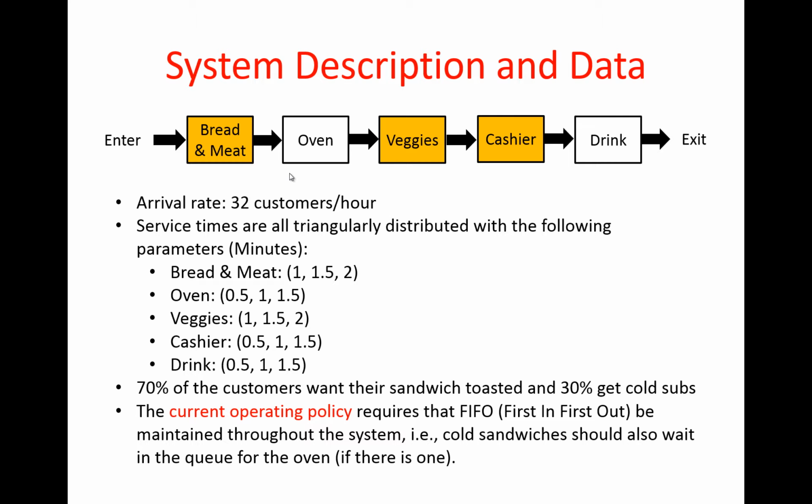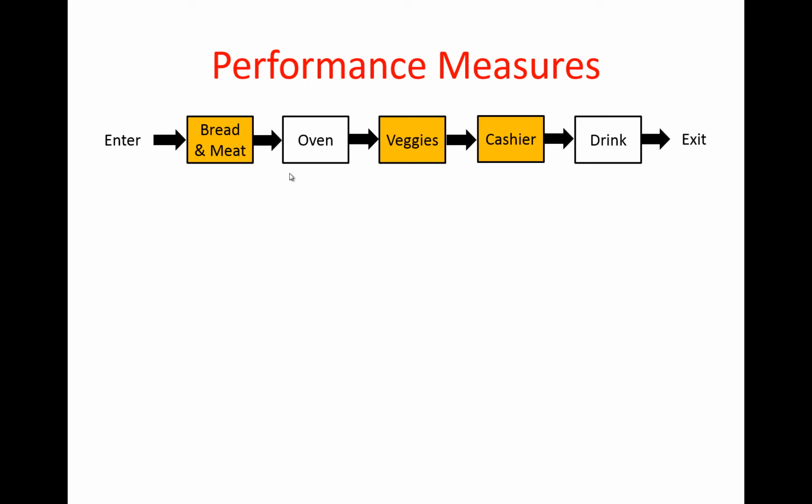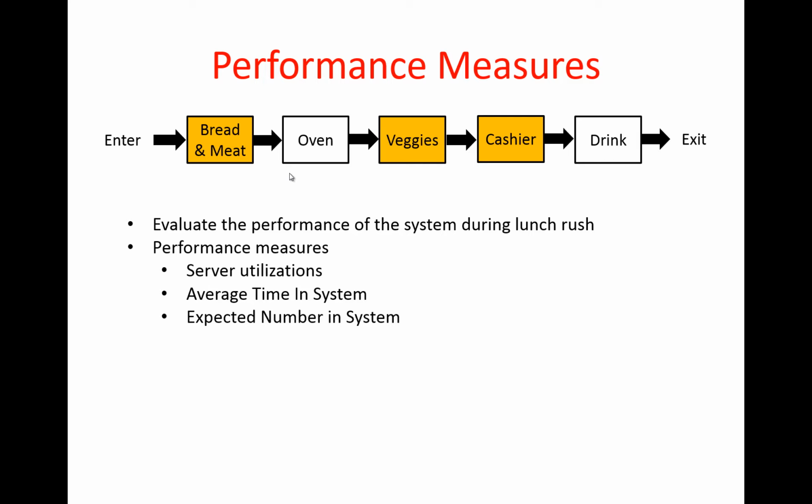In other words, we do not allow customers who want cold sandwiches past the customers that are waiting for their sandwich to be toasted. As for the performance measures that we're interested in, particularly we want to evaluate server utilizations and also average time in system and expected number in system at steady state.